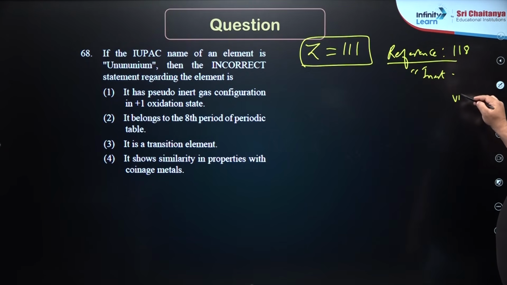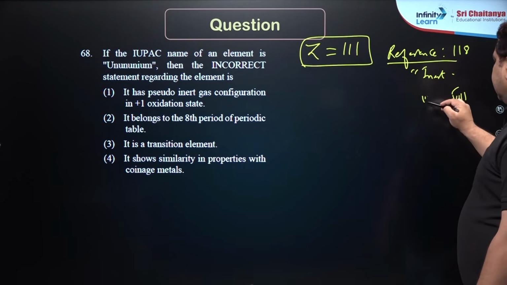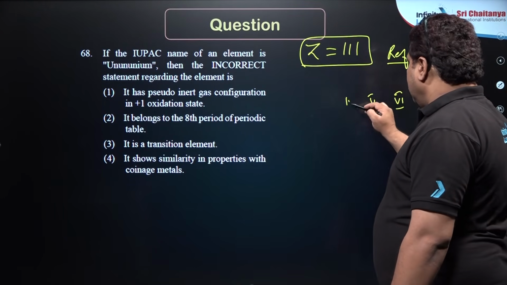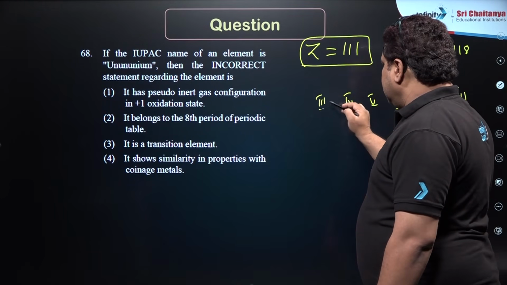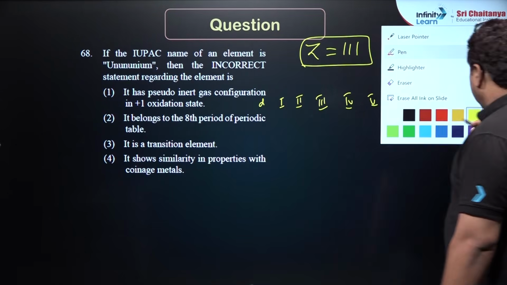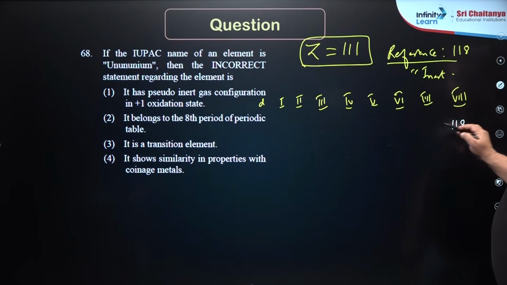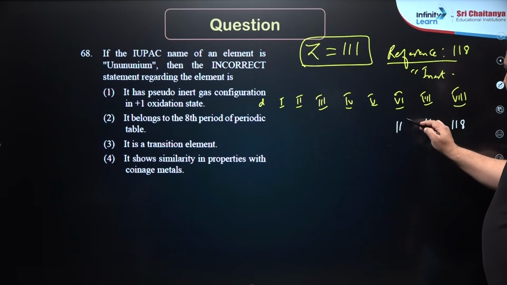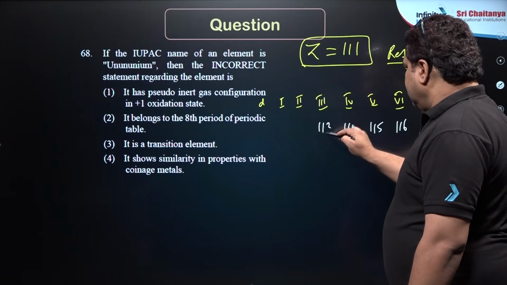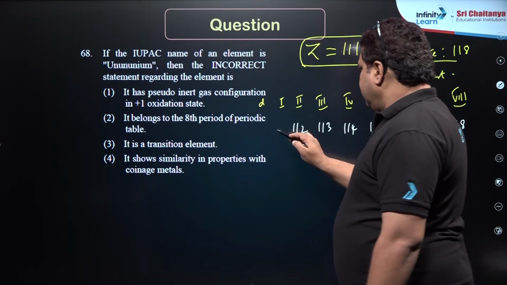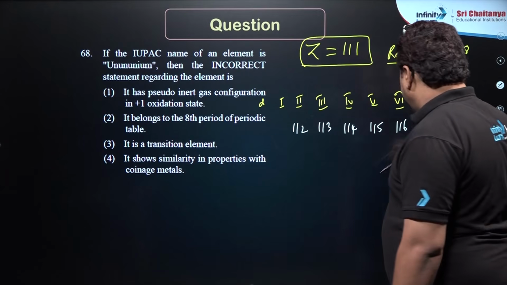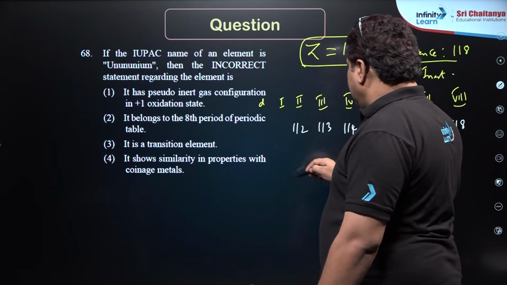So if it is 8A, here 7, here 6, 5, 4, 3, 2, 1, D block. So here I have to take 118, 17, 16, 15, 14, 13, 12.